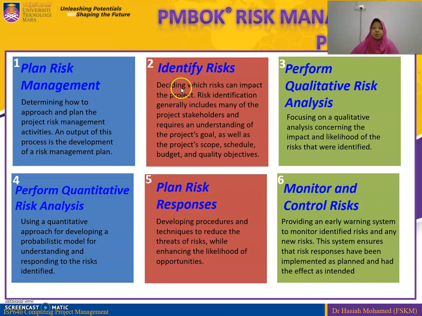The second process is identify risk. This is where we decide which risks can impact the project. Risk identification generally includes many of the project stakeholders and requires understanding of the project goals, as well as the project scope, schedule, budget, and quality.